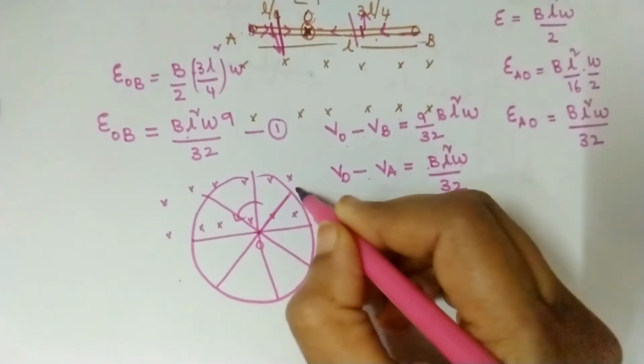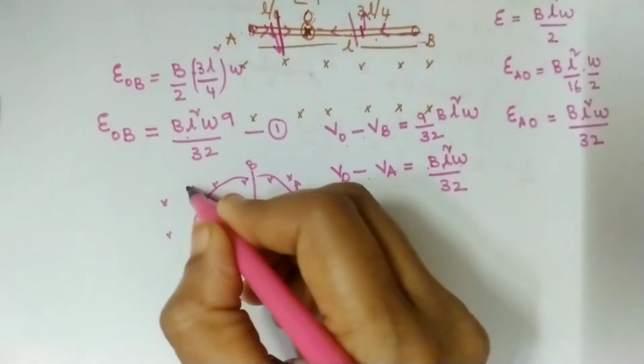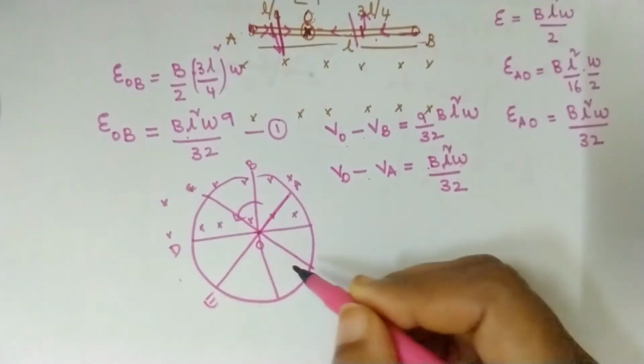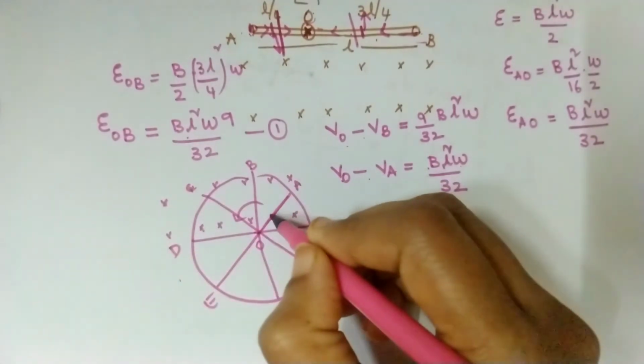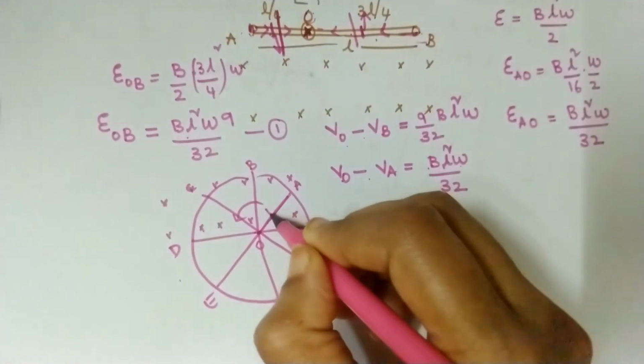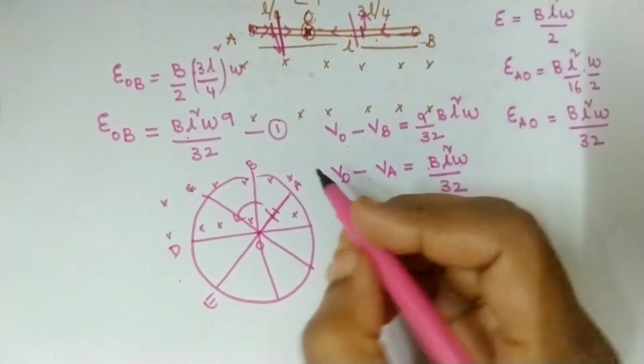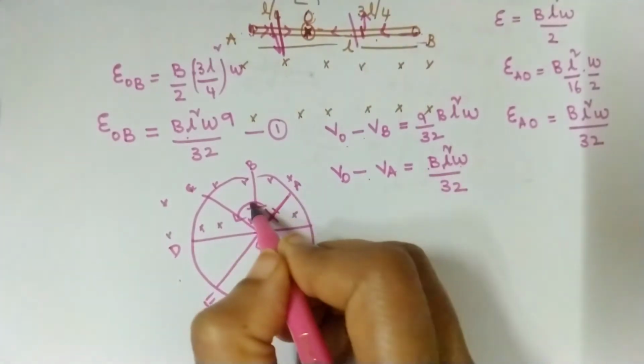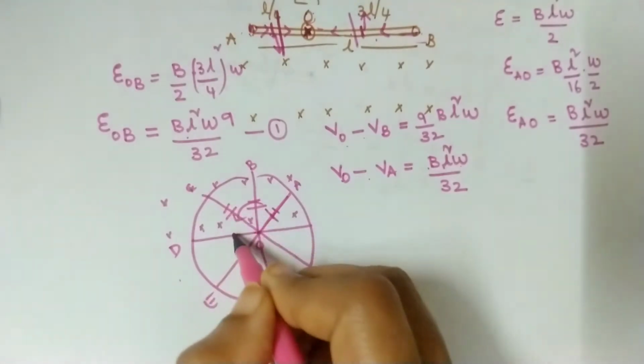If I take this as O, these are all the different points, A, B, C, D, E and so on. In OA, there will be induced EMF such that O is positive, A is negative. Even in OB, there is an induced EMF. Look at all the batteries.